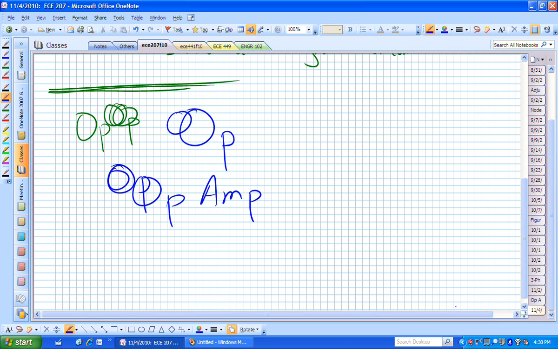That now allows us to finally end up with our output voltage V0, which was minus R sub 3 I sub 3 minus R sub 4 I sub 4. Let's replace that with what we know it could be.